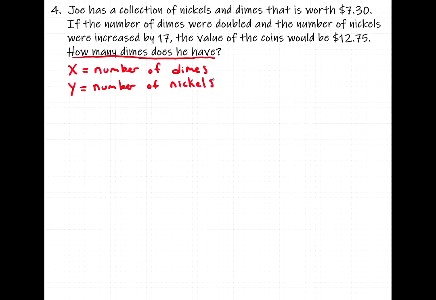Okay, so now we have two variables, so we need to create two equations. So let's go back to the beginning of the problem. Joe has a collection of nickels and dimes that is worth $7.30. Okay, so let's convert that into an algebraic equation. What this is saying is the total value of the coins is $7.30.